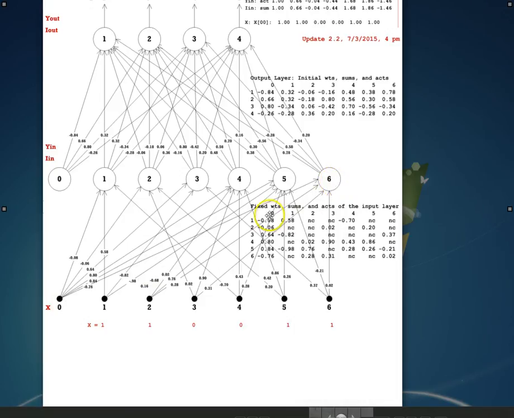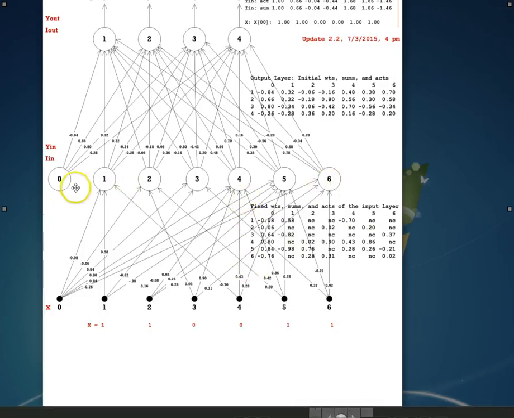Here this represents i, and this represents j, W of ij. So this weight is W of 0, 1, this weight is W of 6, 6, and so forth. So the total weight matrix has the source going from 0 to 6, that is 0, 1, 2, 3, 4, 5, 6, and the destination going from 1 to 6, that is 1, 2, 3, 4, 5, 6.